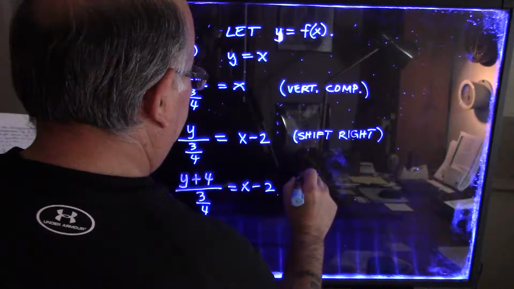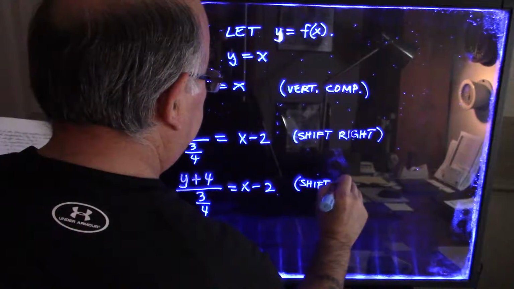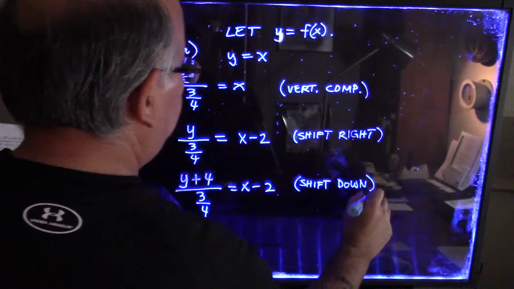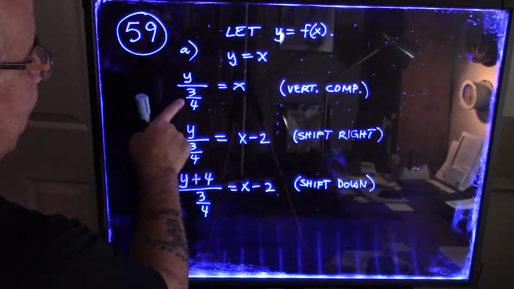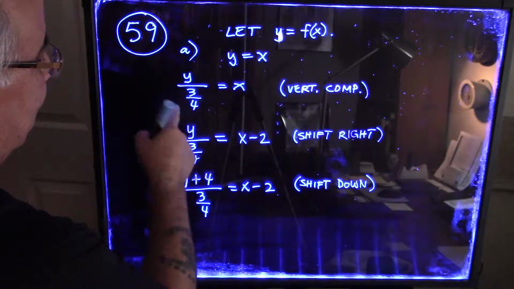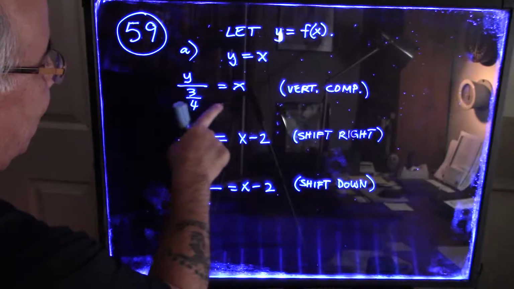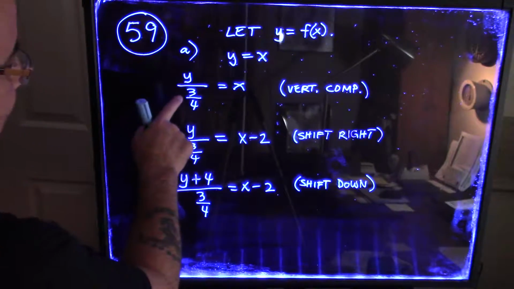So that's shift down. And again, you do the compression and stretching and shrinking, and reflecting first when you do these. And then you do the shifts, right or left. So I did that first.